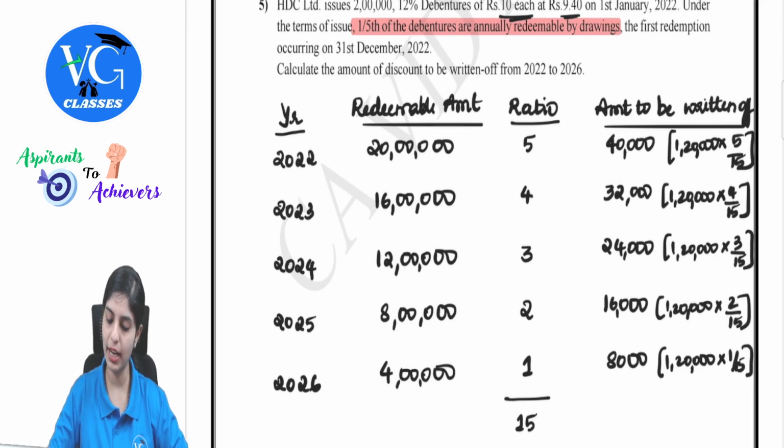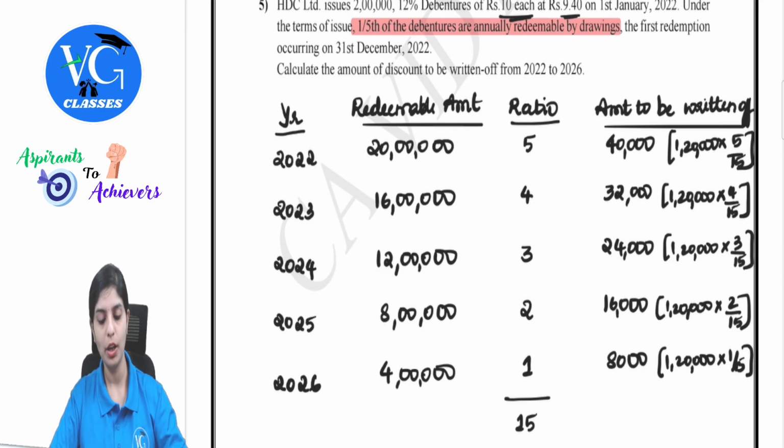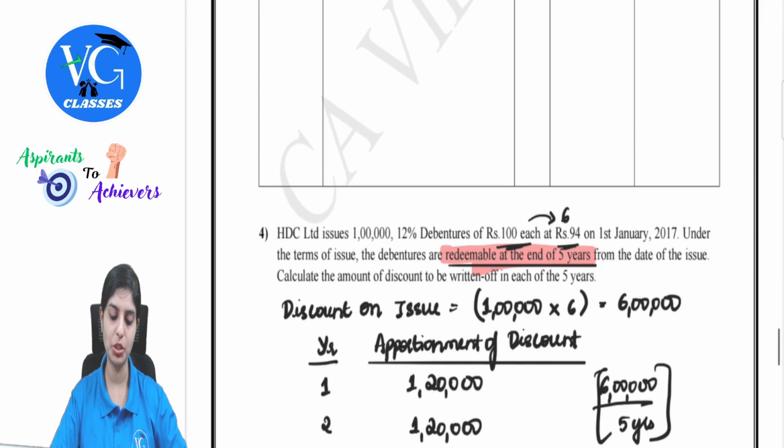So just cross check whether it all totals to 1 lakh 20: 40,000 plus 32 plus 24 plus 16 plus 8. So 1 lakh 20,000 was written off in this particular format. First calculating the ratio in which the outstanding debentures are redeemable. I hope the difference between both the questions is clear.